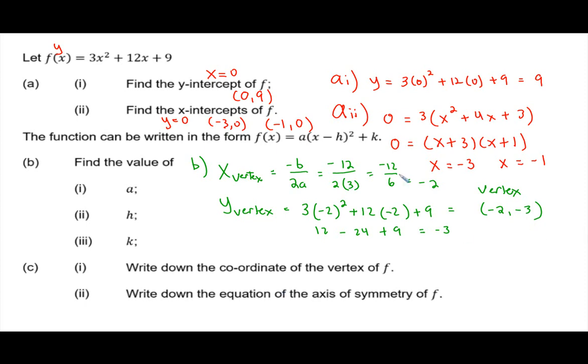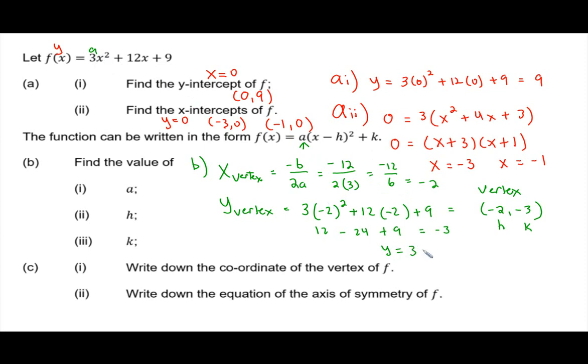Okay, so now if we need to change this into vertex form, we found the vertex. So in vertex form, remember this is like your h and your k, right? So we're just going to plug it in here for h and k. Now remember, when you plug in the h value, you have to do the opposite sign, right? So basically we have y is equal to. Now the a right here is the same a from standard form, so that doesn't change.